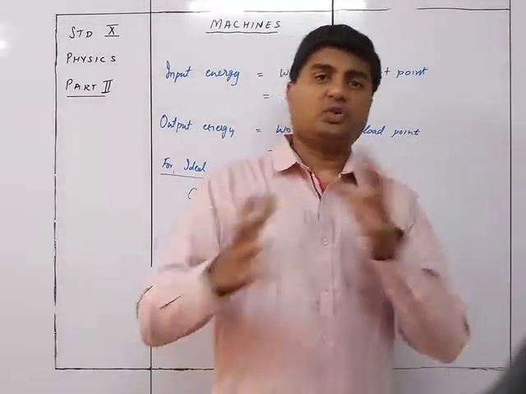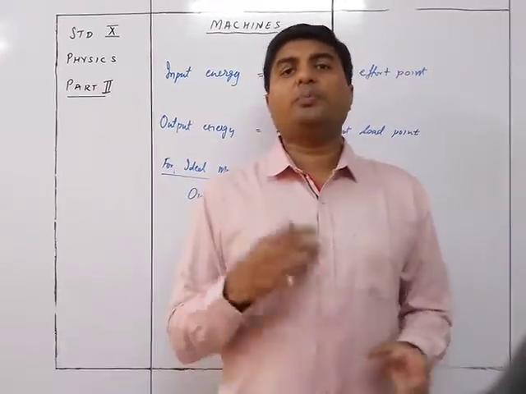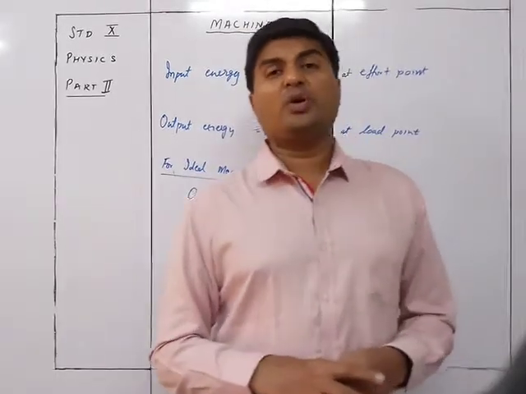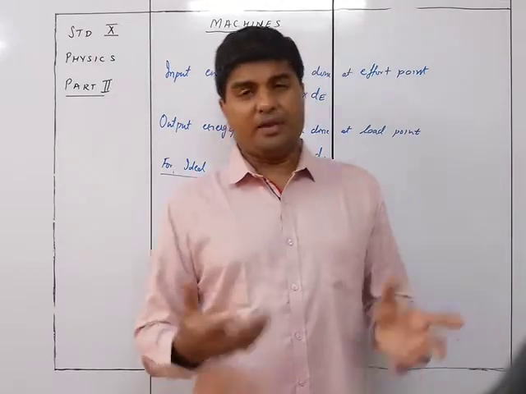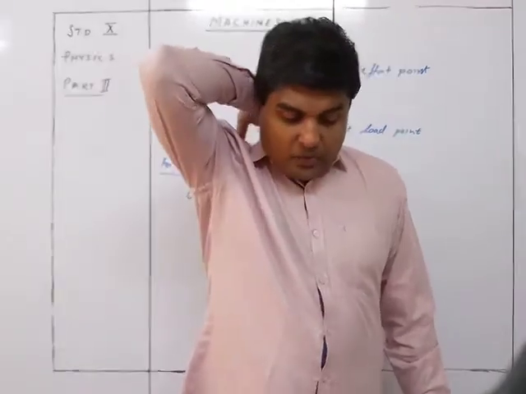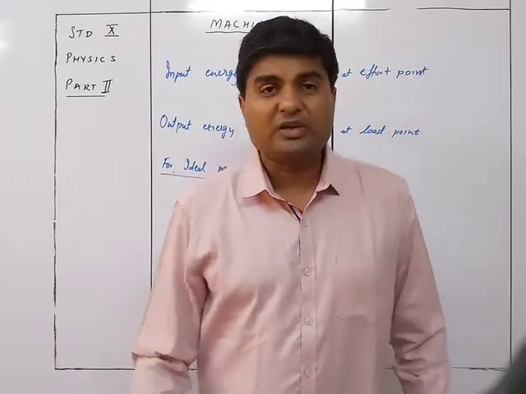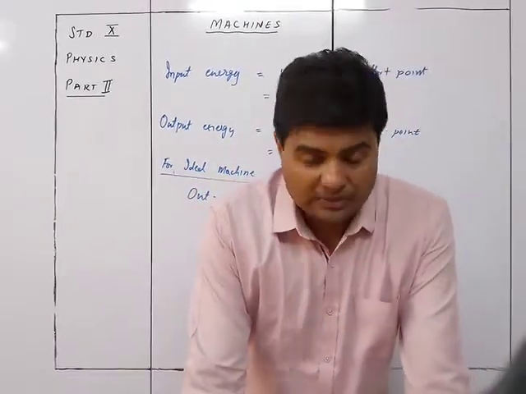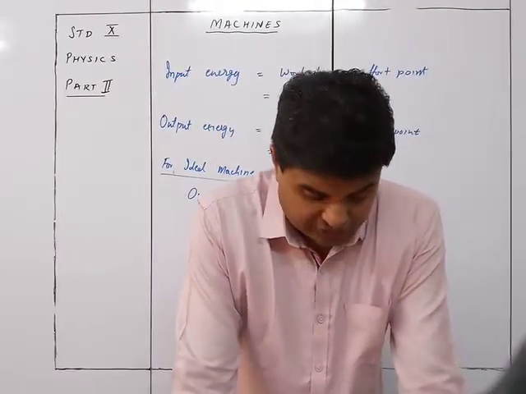Because of the movement of the engine, however much oil there is, there is going to be a lot of friction between the parts, and the friction is converted into heat energy, which is available on the machine. So more of the energy is lost in heating up the machine, and that's the main loss of energy in the form of friction.